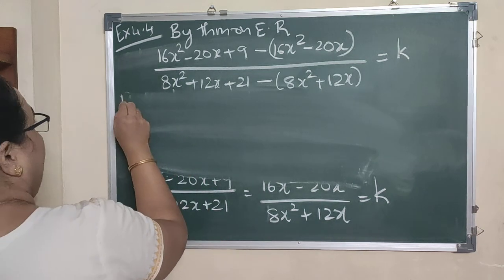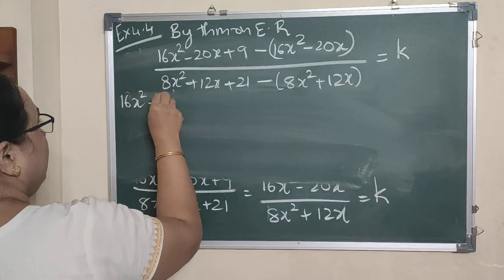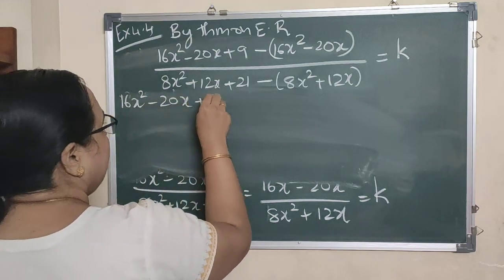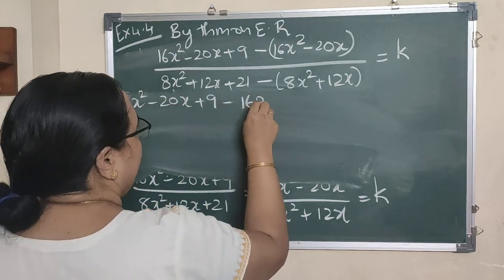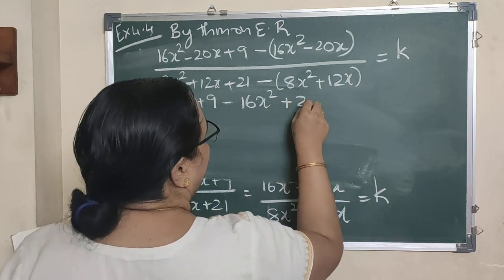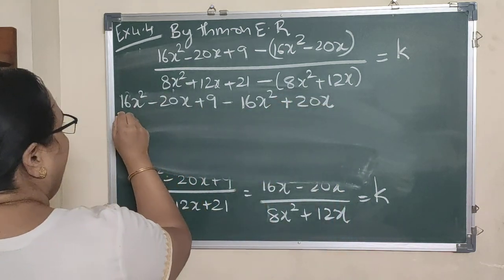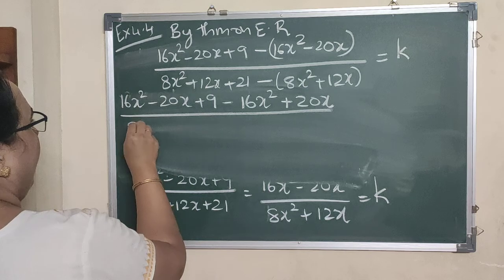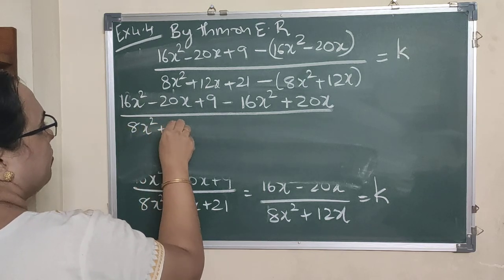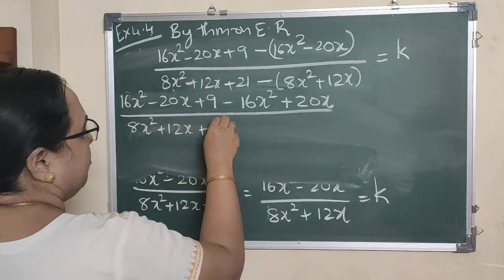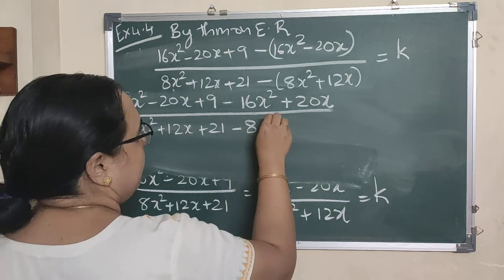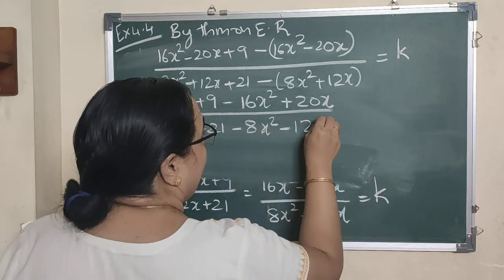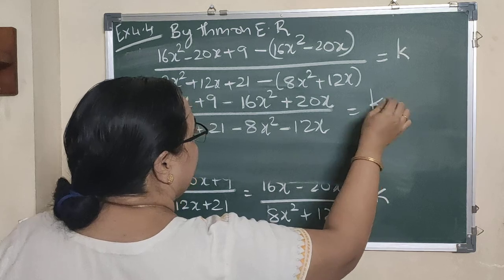What you obtain is 16x squared minus 20x minus 9 minus 16 plus 20x upon 8x squared plus 12x plus 21 minus 8x squared minus 12x equals k.